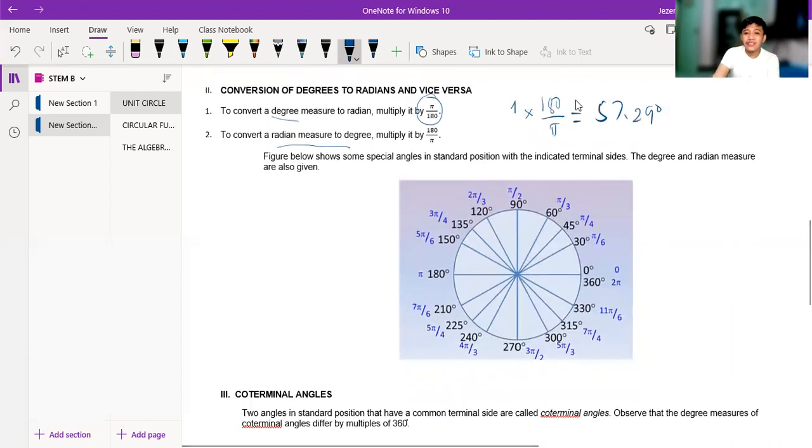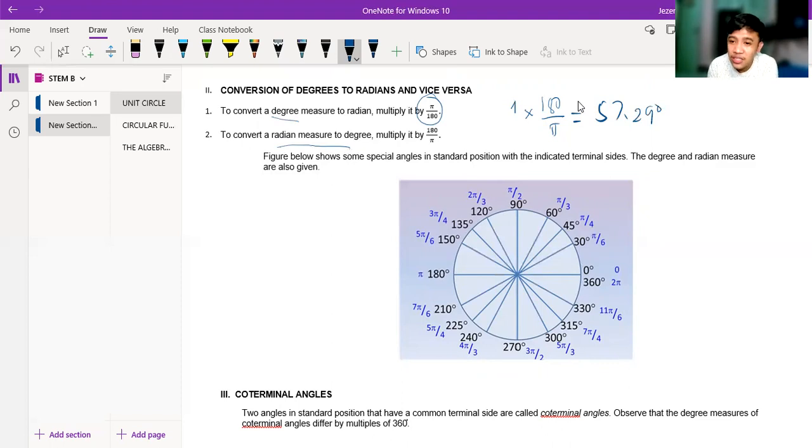Okay? So the picture below is the special angles. It means those are the ones with exact radian measurements. Okay? So these are the ones by 30s or by 45 degrees.